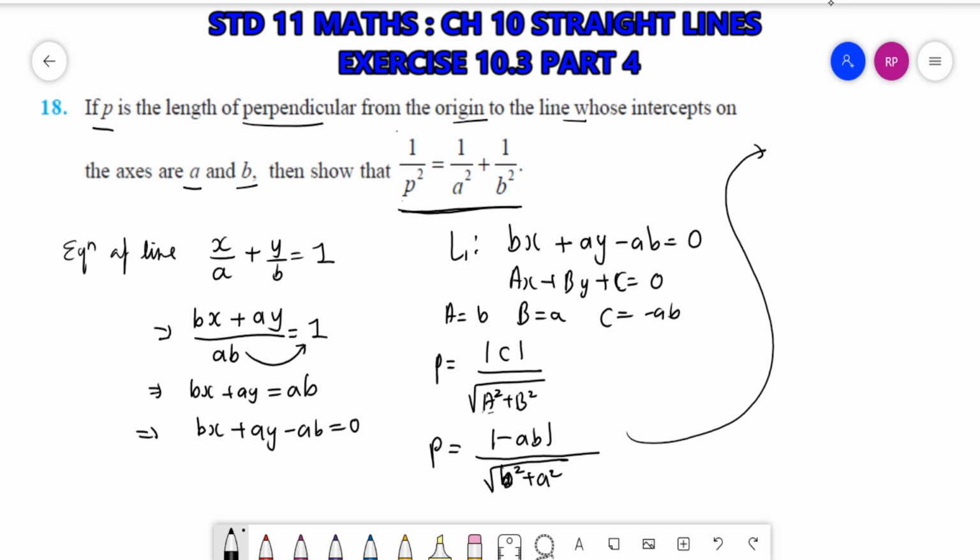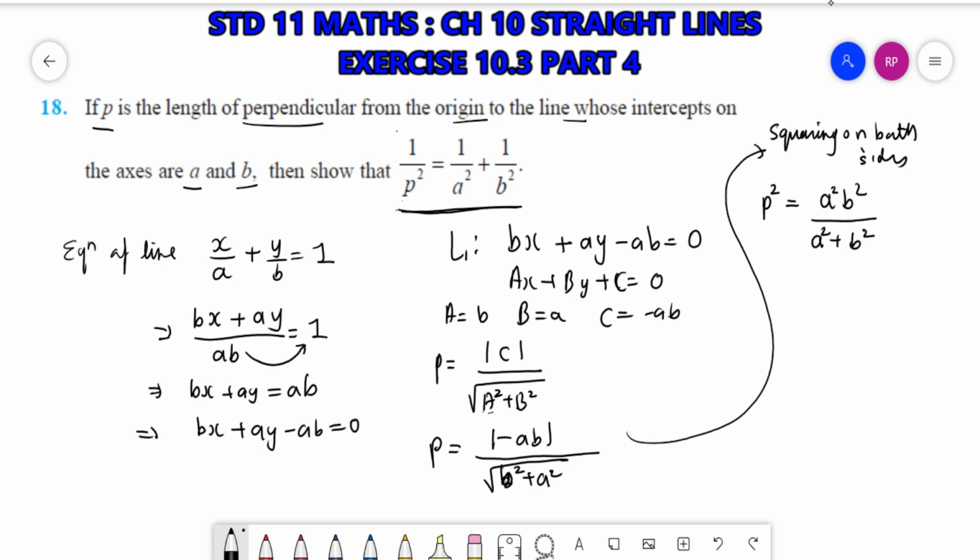So what I will do, squaring on both sides, I will get P square equal to a square b square, as it is modulus, so minus ab will be plus ab, and its square will be a square b square, upon under root, its square will be removed, so it will be a square plus b square.